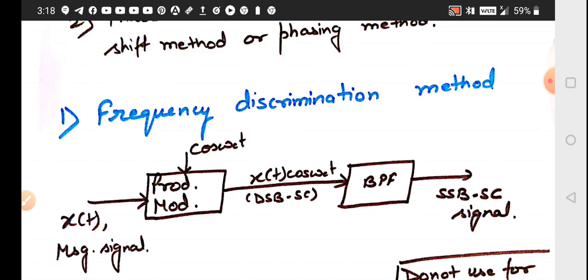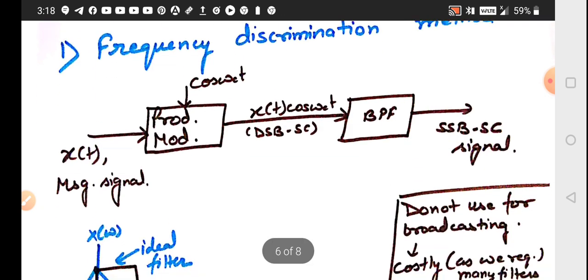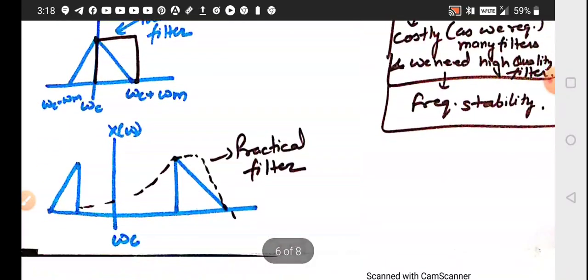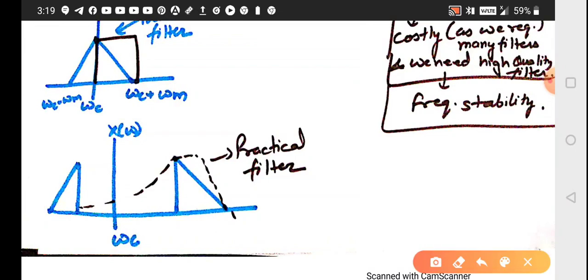Now the design of this band pass filter is quite critical, so there are some limitations for this method. First limitation: this method is useful when the message is restricted at its lower frequency, so that the upper and lower sidebands are non-overlapping. You can see here the frequencies are non-overlapping.